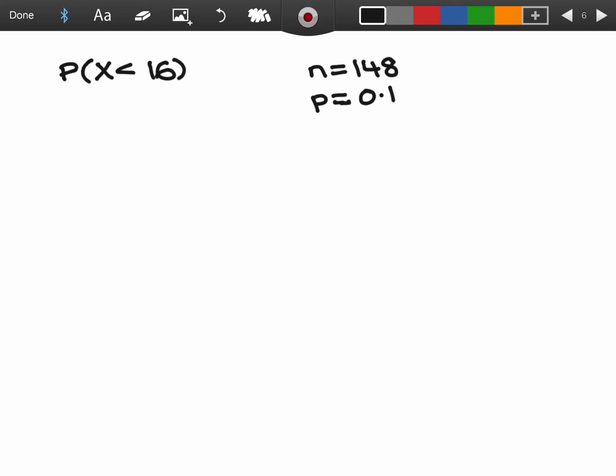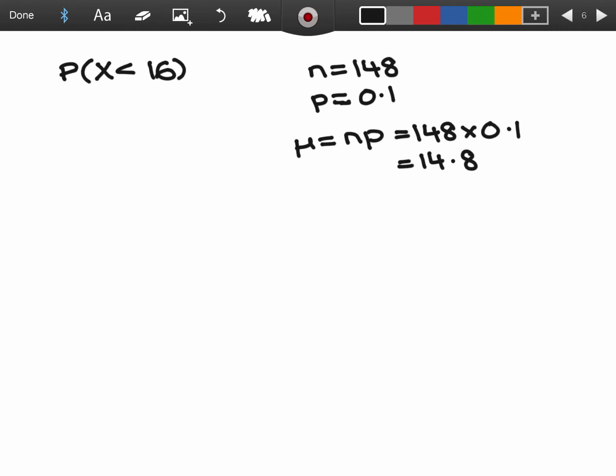From here, we need to figure out our mean and our standard deviation, and then we will need to do our continuity correction to get this from binomial distribution into normal distribution. First, let's find our mean and standard deviation. The mean is n times p, which is 148 times 0.1, which is 14.8.